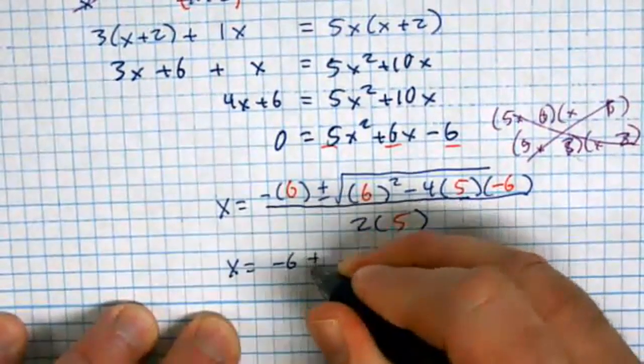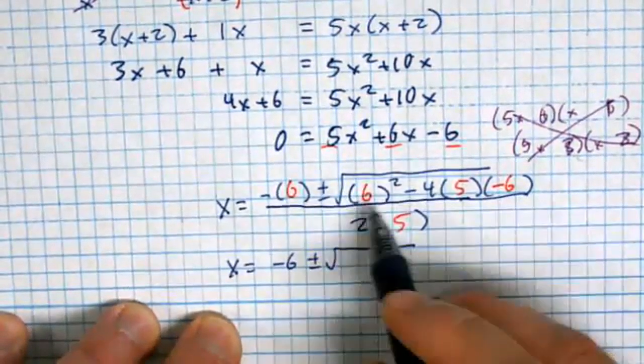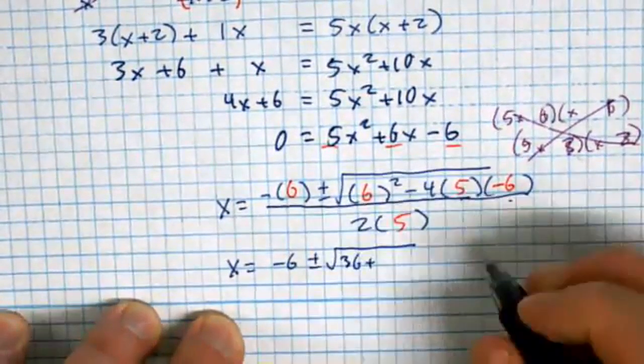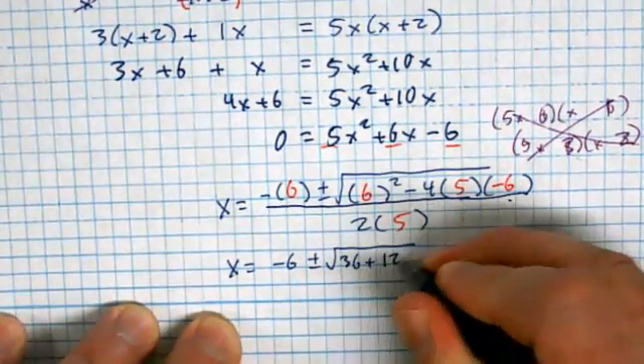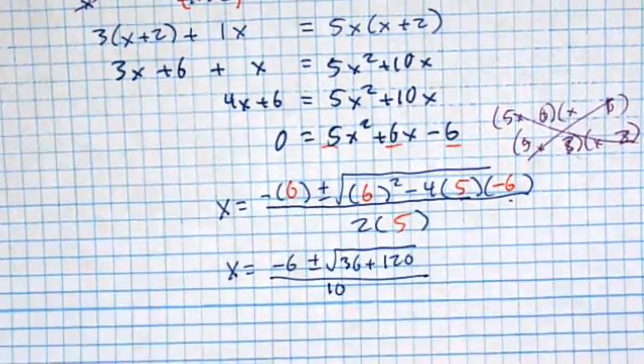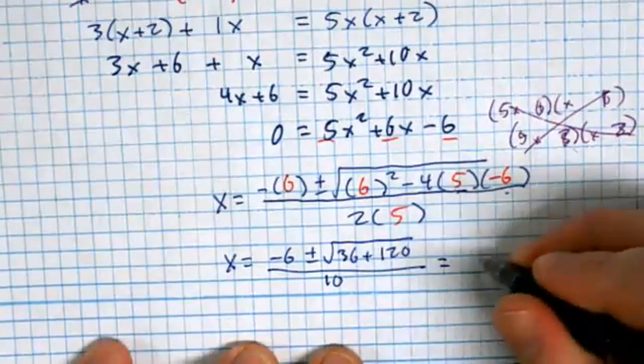There's 36 plus 20 times 6 is 120. 156. I bet that simplifies.